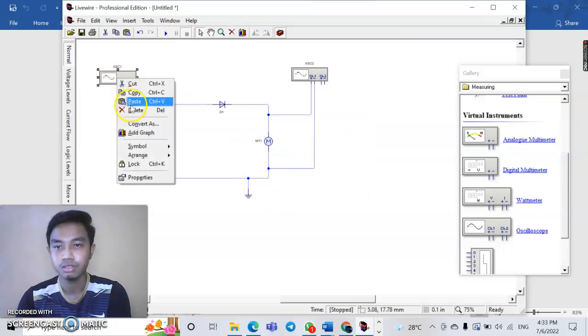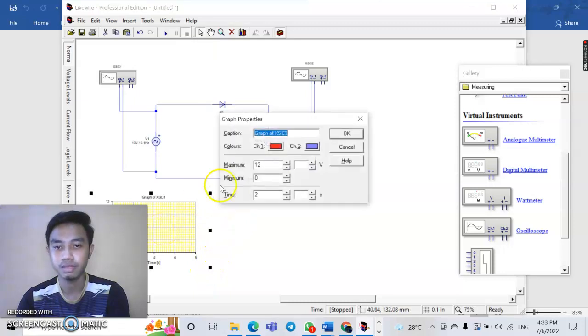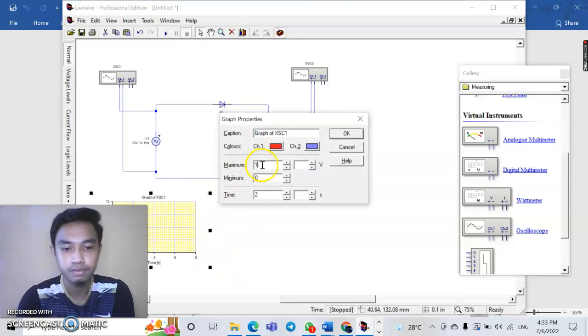After that, we need to bring up the graph for the first oscilloscope, which is to know the output of the AC power supply. So we need to change the maximum value, which is 10, and the minimum value is negative 10. The time scale we need is 5.